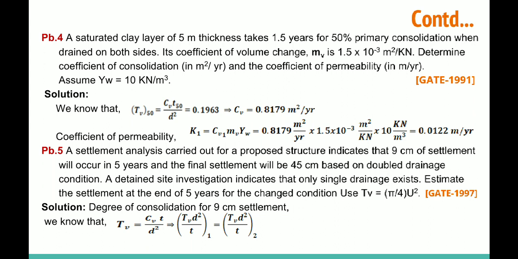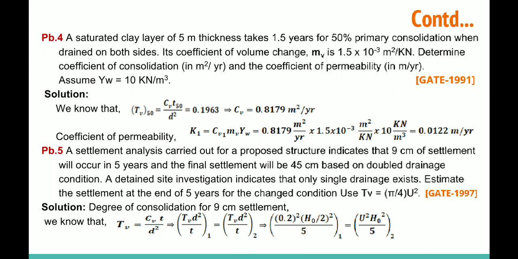We can write Tv d square by t for the first stage and Tv d square by t for the second stage. These both will be equal because the coefficient of consolidation is not changing, right?